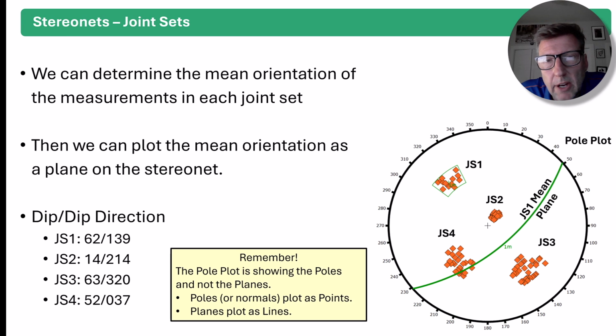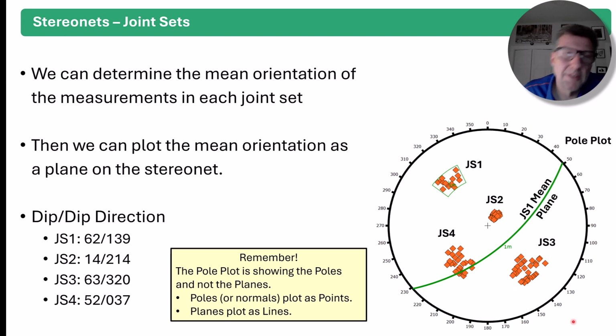We have to be very careful with this, okay? Remember, the plot on the right-hand side is a pole plot. We're plotting the pole to the planes. So, for example, if we examine JS2, right here, okay, it seems that the mean plane would have a high dip because all of the points are plotted near the center of the stereo net.